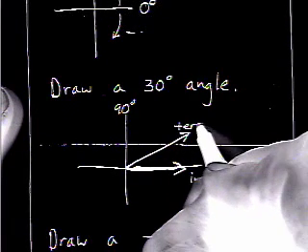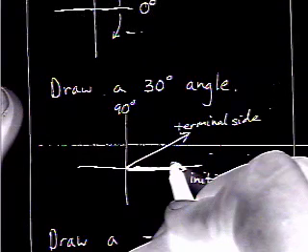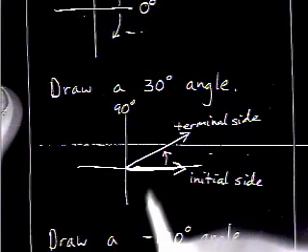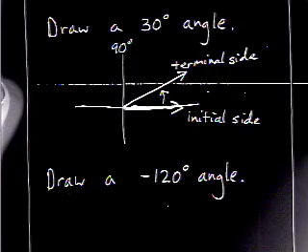This is called the terminal side. And I want you to put an arrow in between so that I know which direction you're going. So you've got your initial side and your terminal side and your direction, and that's an approximately 30-degree angle.